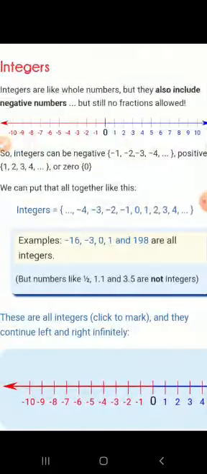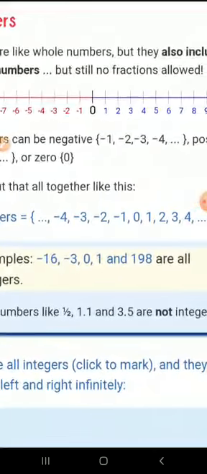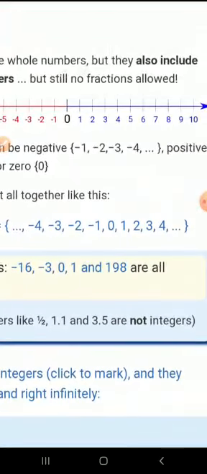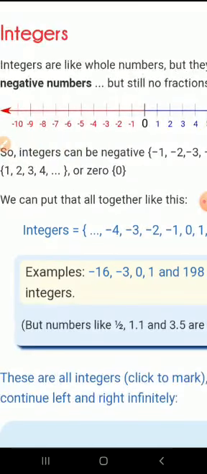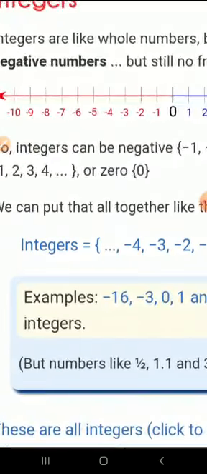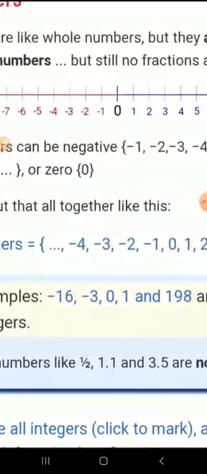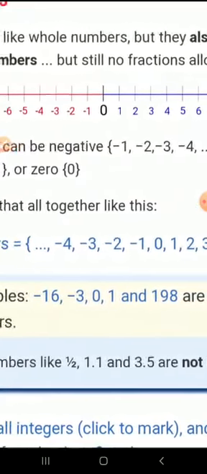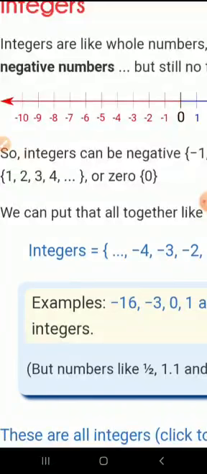Next category, let's say of integers, as you have done the chapter of integers in class 7. So integers include, as you can see on the number line, 0, positive numbers on the right side of 0, and negative numbers on the left side of 0. So positive numbers, we call them positive integers, negative numbers, we call negative integers.